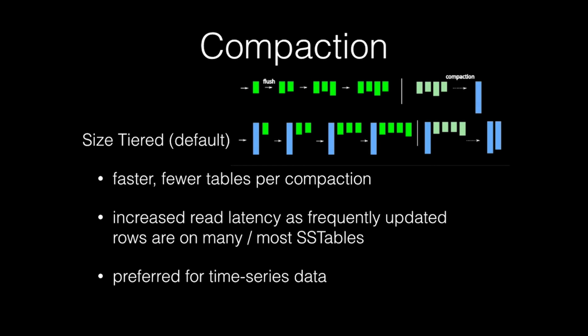So as time goes on and as your cluster grows, your read operations may end up having to hit all 70 or all 300 of your SSTables or something like that, which is ridiculous. So this strategy is primarily preferred for something like time series data, where you're just always inserting or adding new rows.